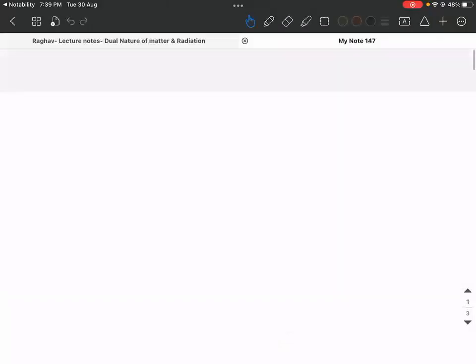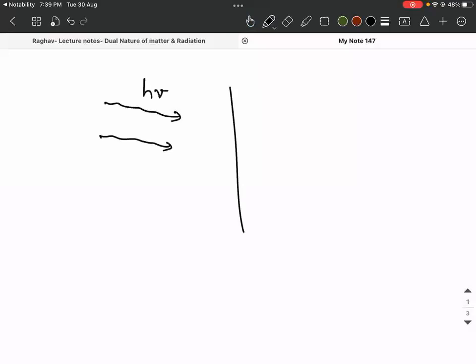So let's say this is the photosensitive plate onto which there is incident radiation. The radiation has an energy h nu. So this h nu has to overcome two things. One is it has to overcome the work function.